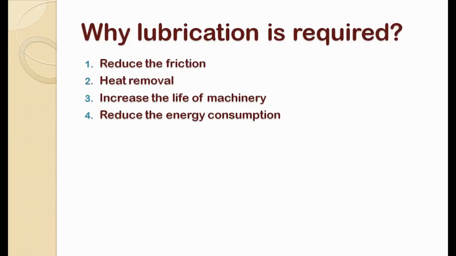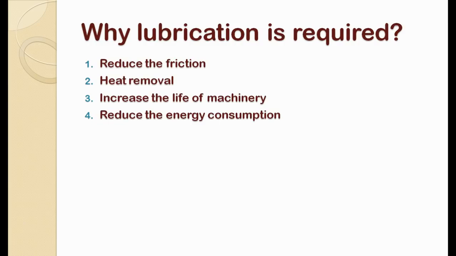So the answer to why lubrication is required is, first, to reduce the friction. This is the main reason behind lubrication. Where we want a smooth motion, there we need to use lubrication so that we can obtain the smooth motion. Second one is heat removal.